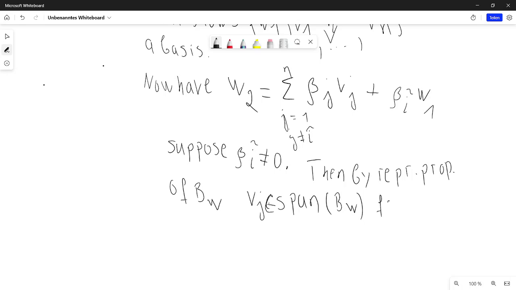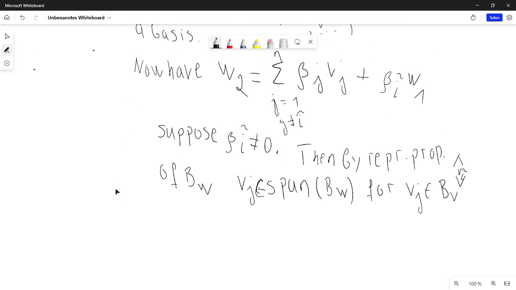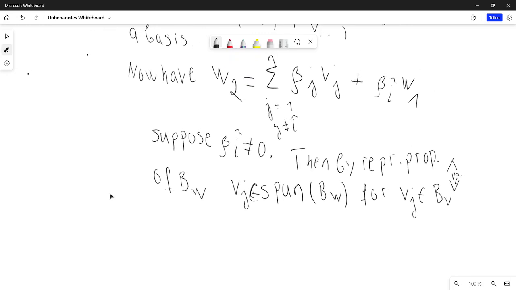For all in G, element, omission, i children. Wait, that won't work because, no, it works of course.